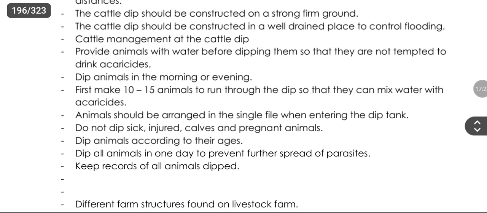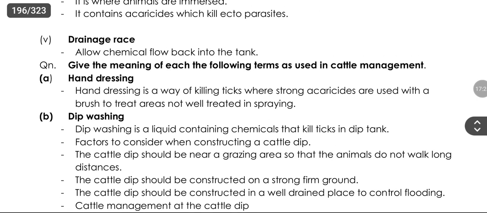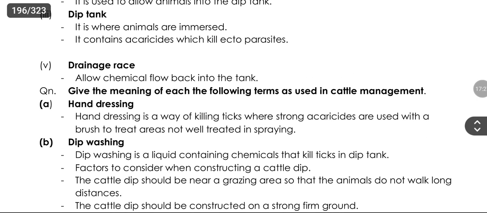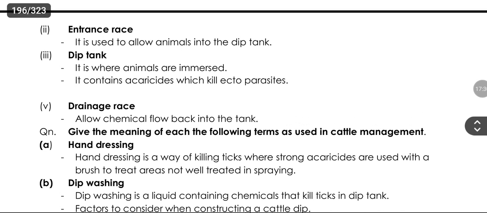Okay, what would be the disadvantages of cattle dipping? For example, a sick animal or weak animal cannot be dipped. When you look at dipping, the animal has to be fit, because when it goes into those acaricides, those chemicals, it must be able to jump and come out. So if the animal is weak or diseased, it cannot get out of that dip tank.